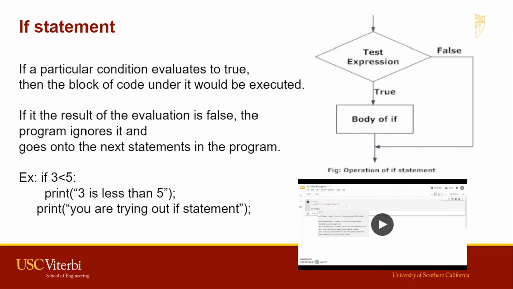It usually starts with the word if. That is why it is called an if statement. If this condition evaluates to true, then the block of code under it gets executed. That is the rectangular box in the diagram which says the body of if.